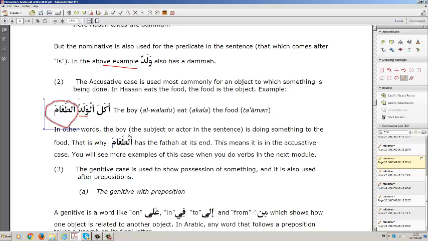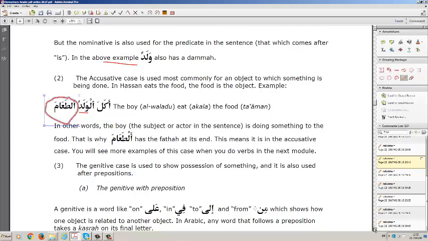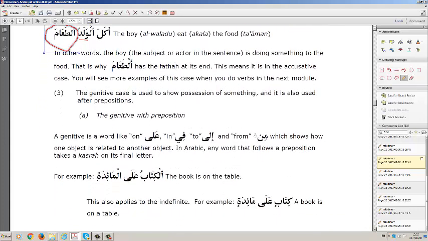And so that is why at-ta'ama takes the fatha, the a sound at the end. And this means it is in the accusative. The best way to actually get used to this type of thing is by going through the examples, the revision exercises that are attached to this particular study unit, and you'll get a feeling for how to apply the accusative, the nominative, and the genitive.